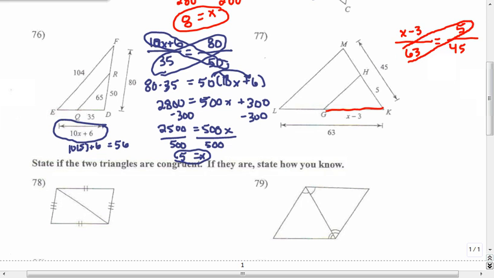Very good. So now we have to cross multiply to solve our proportion. So 5 times 63 is equal to 45 times x minus 3. We have to distribute. So we've got 45x minus, what is 45 times 3?